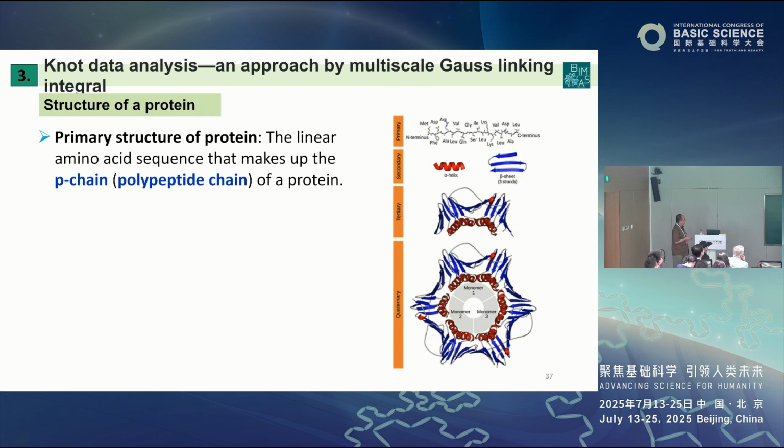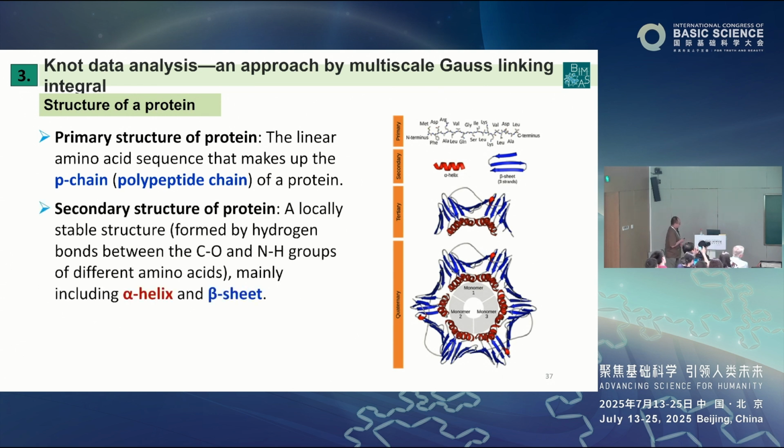Next we come to the structure of proteins. Totally, there are four levels of structure for protein. The first, the primary structure, is a linear amino acid sequence that makes up the chain of the protein, something like this.